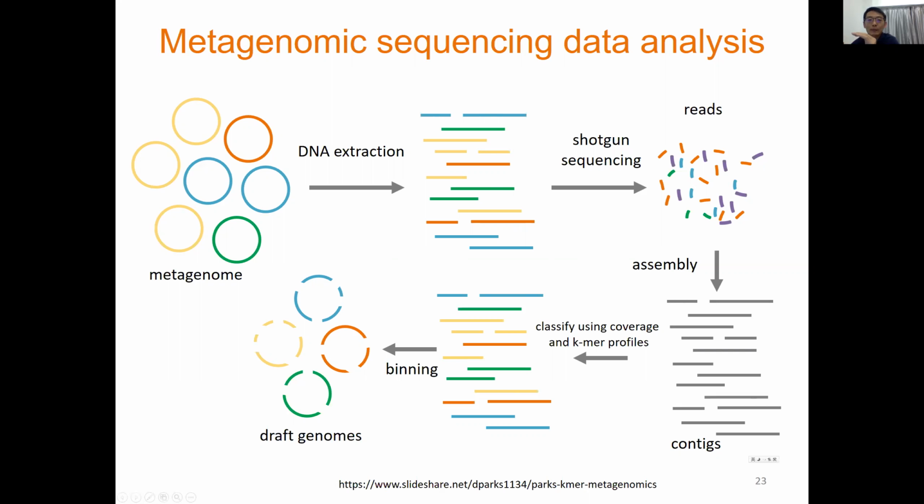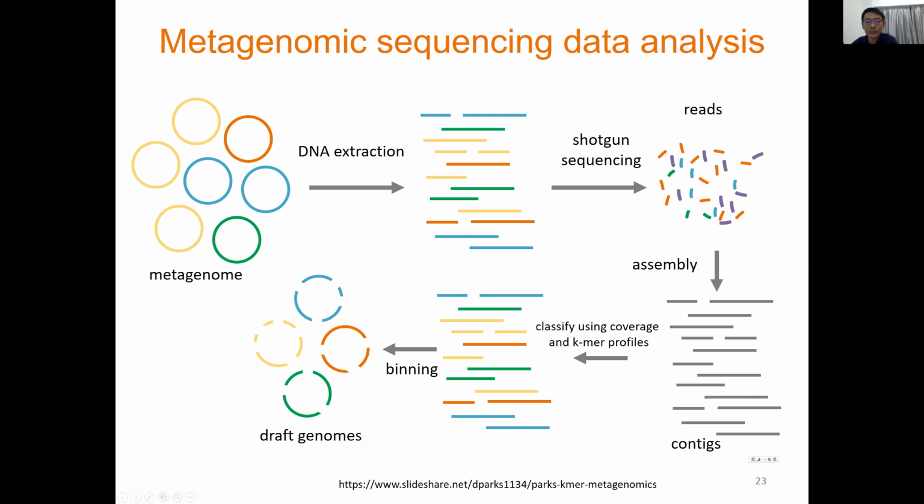For example, if one bacteria accounts for 10% and another bacteria accounts for 20% in the original sample, after sequencing the coverage should be different, and the coverage of the bacteria with higher abundance should be larger than the other bacteria.